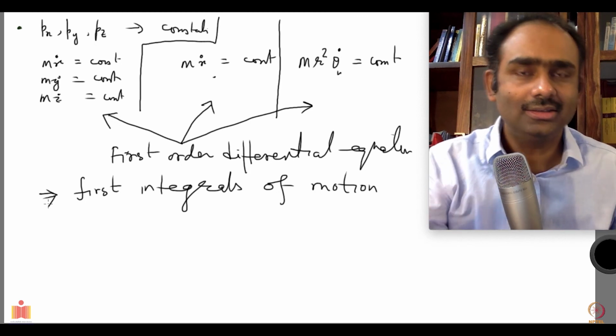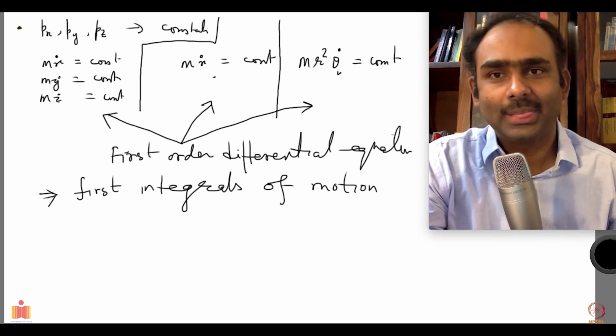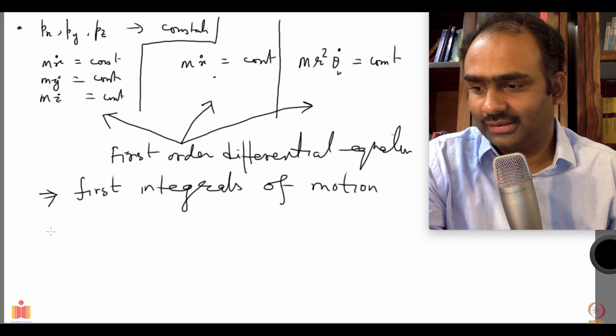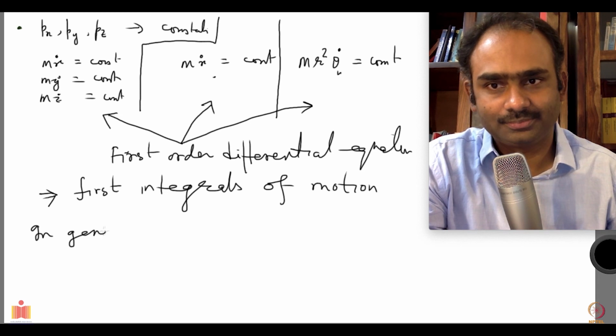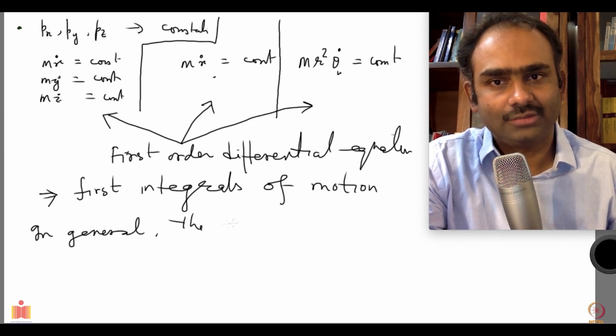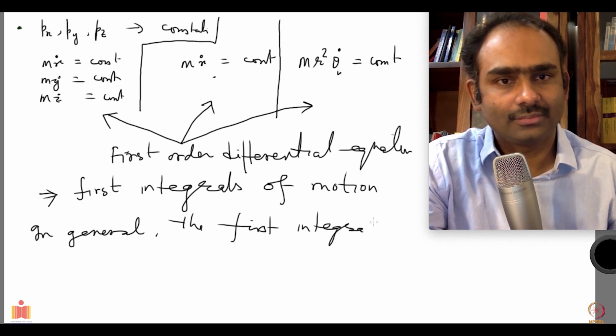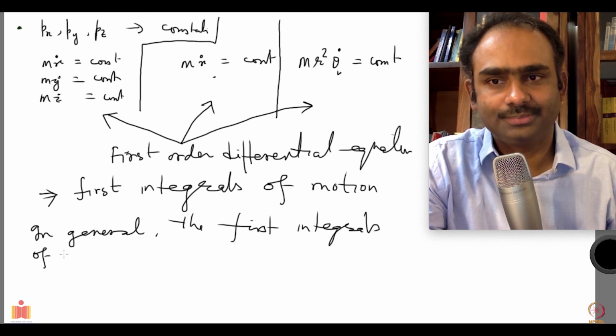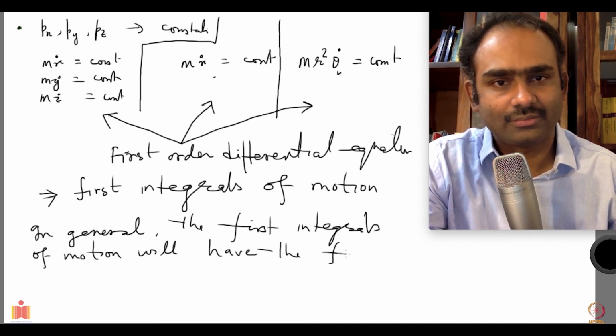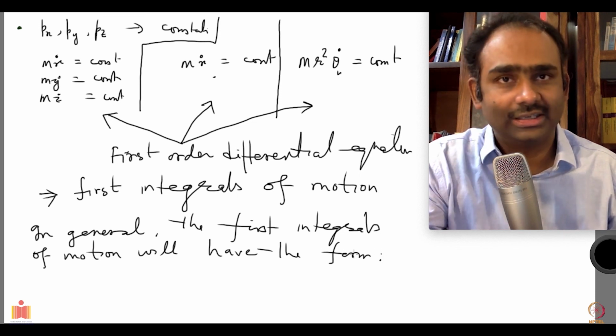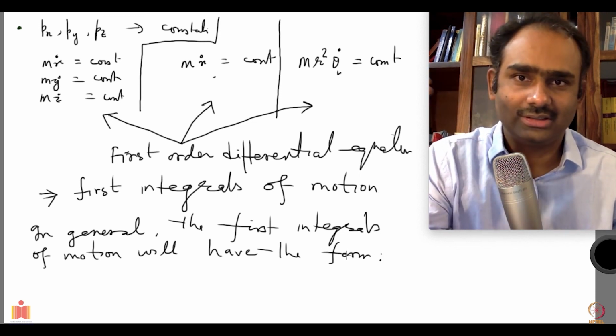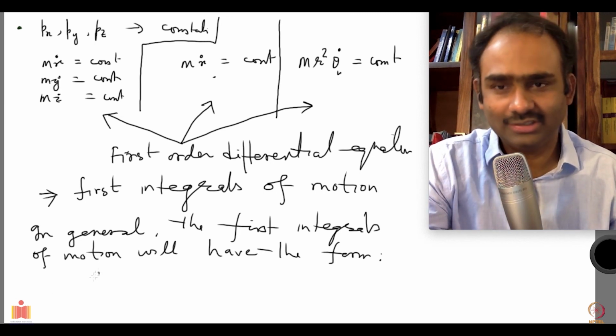And in general, if you are looking at a system of s degrees of freedom, you would have the first integrals of the following form: the first integral of motion will have the form. Of course, it can involve only first order time derivative, so it will be some function f.